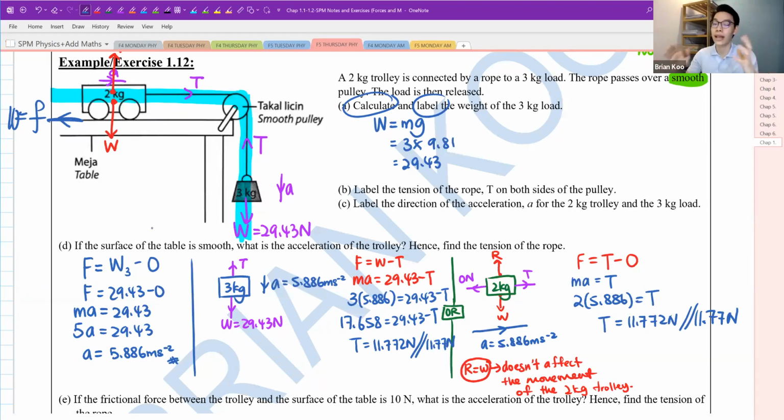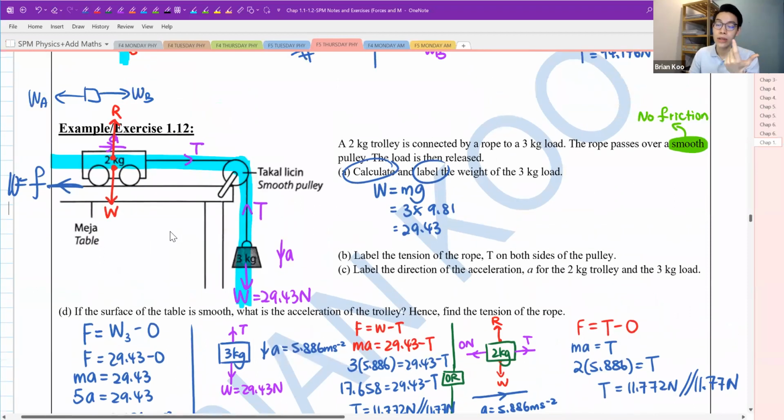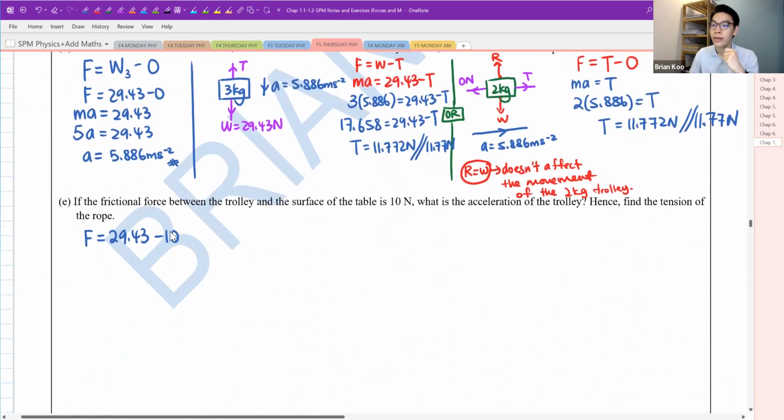There's nothing else that affects how fast it is accelerating, except for the friction and the W. The T is in its own world, it cancels out each other. For the 2 kg, the W and the R are again in their own world, they cancel out each other. The mass is the total mass.